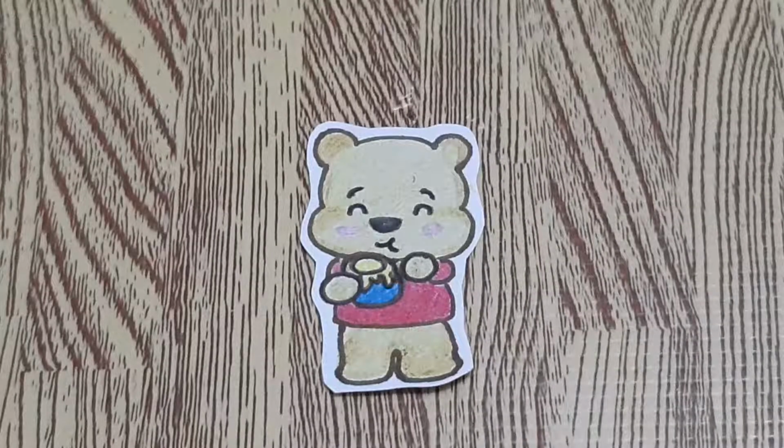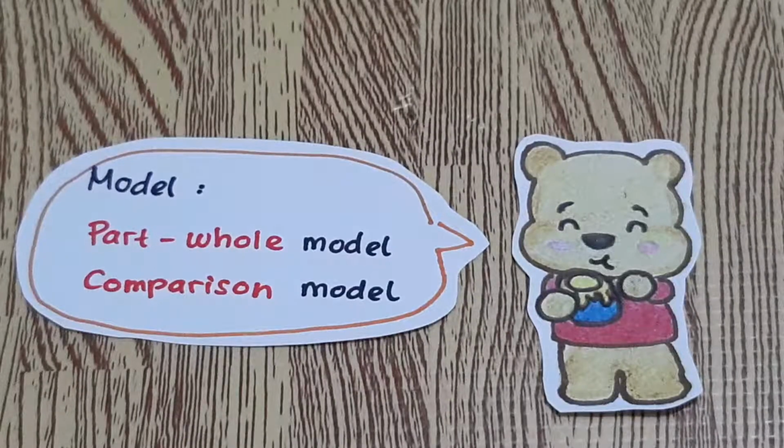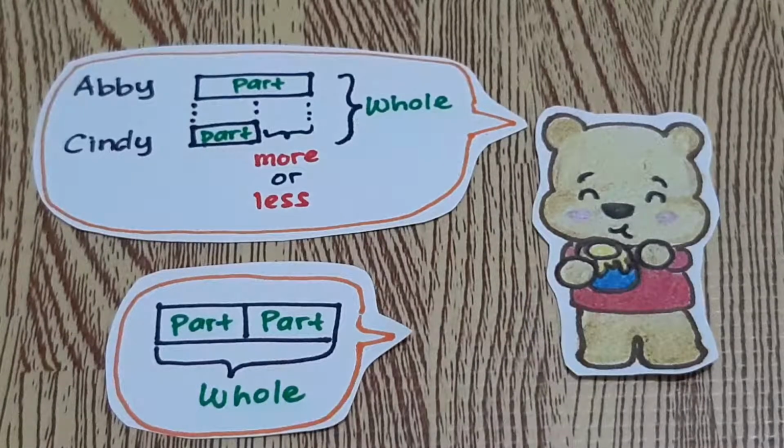Now, do you still remember how many models there are for addition and subtraction? Yes, there are two kinds of model. It's a part whole model and a comparison model. Do you still remember these models? Now I have these two models. Which one is the part whole model? Which one is the comparison model?